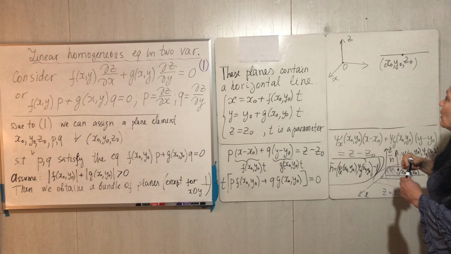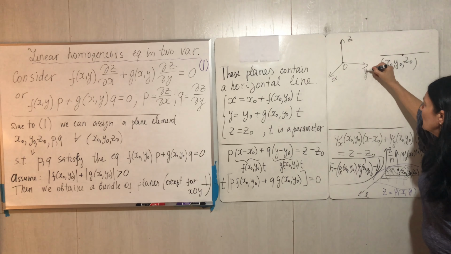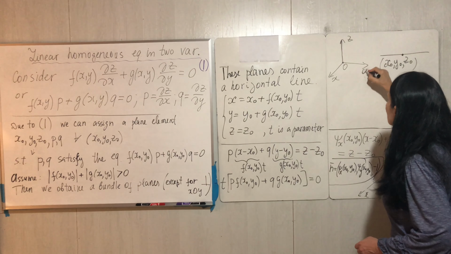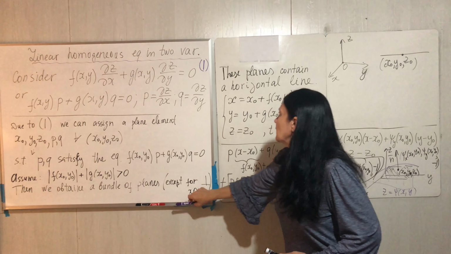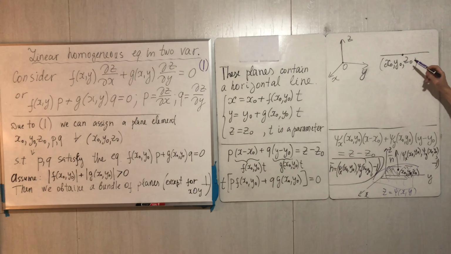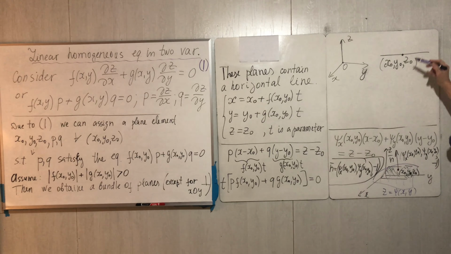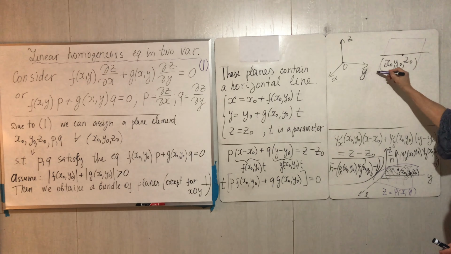So if I want to draw it, here are our coordinates x, y, and z, and if we have somewhere a point x0, y0, z0 from that surface, then we can draw this bunch of planes.